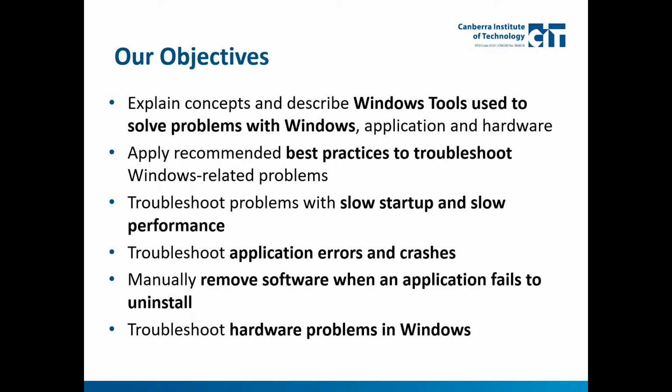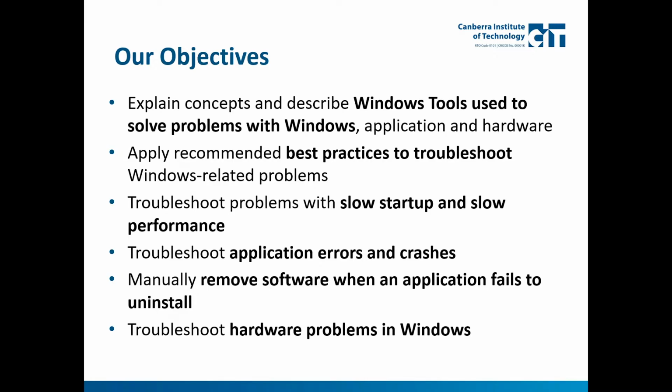Okay, so our objectives today for this lecture will be explaining some of the tools that we have native to our operating system. We're going to be seeing which tools we're able to use to troubleshoot our applications and our hardware as well. We're going to be applying some of the best practices to troubleshoot our Windows related problems. We're also going to be troubleshooting problems with slow startup and slow performance as well.